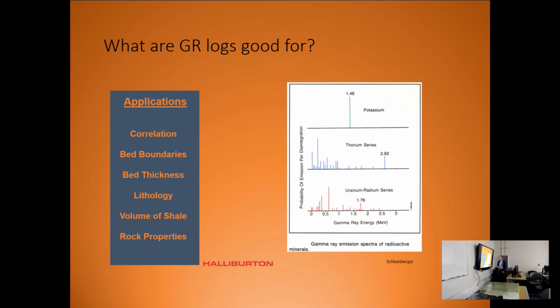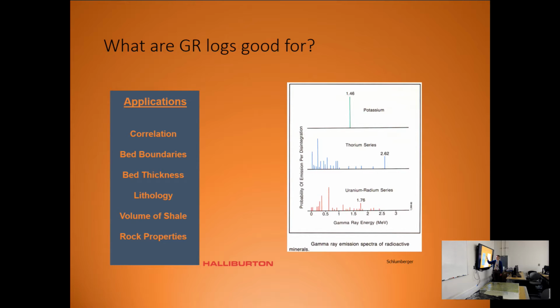So, what are they good for? Lots of things for correlation, because as you'll see, different formations will have different gamma signatures. In fact, if you had a spectral gamma ray tool, then you can actually look at the proportion of potassium, thorium, or uranium within the formation. Spectral gamma ray tools will actually divide this up.